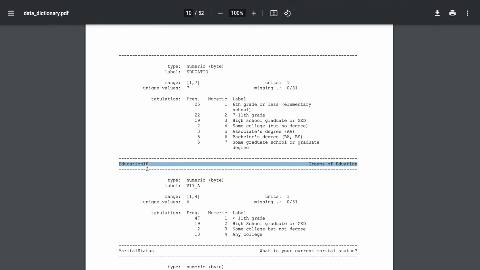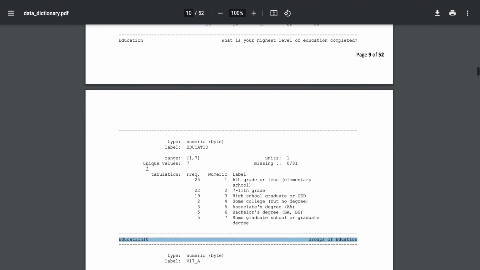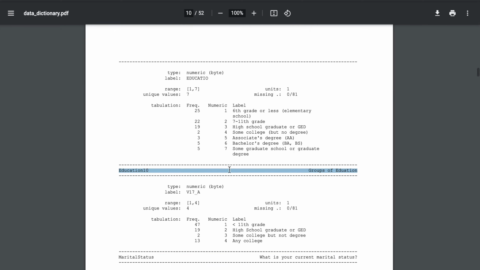Now education 10 is a summary of education in a way. Imagine we collapse these two categories, 6th grade or less with 7th to 11th grade, and then we have 25 and 22, so we have 47.